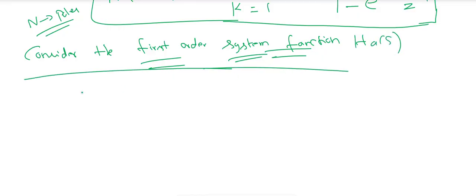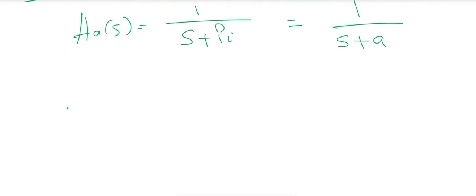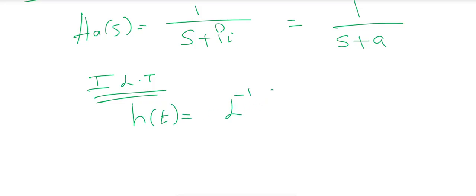Consider the system function H of s given in the question paper as 1 by s plus a. This system function contains only one pole. So by using the impulse invariant method, you take the inverse Laplace transformation, h of t is equal to inverse Laplace of H of s, the analog transfer function.